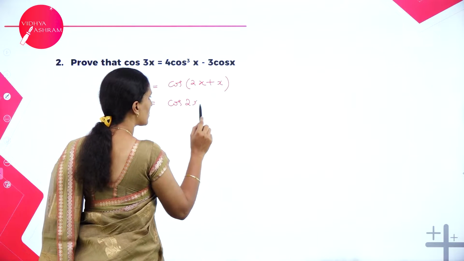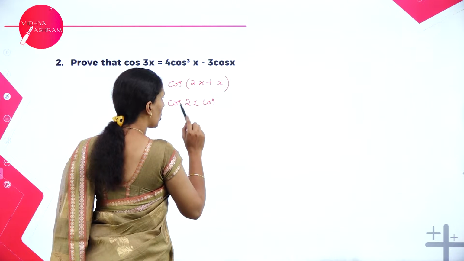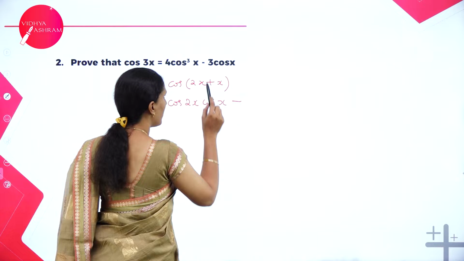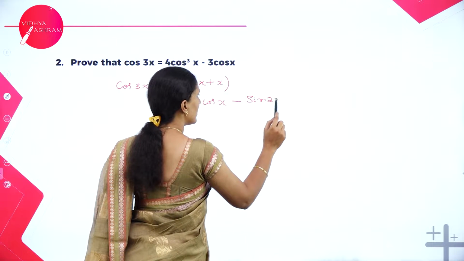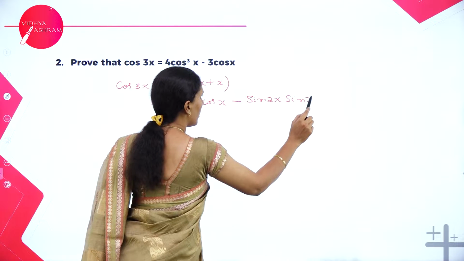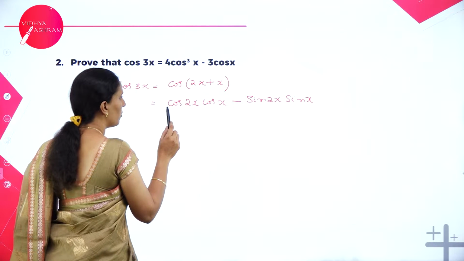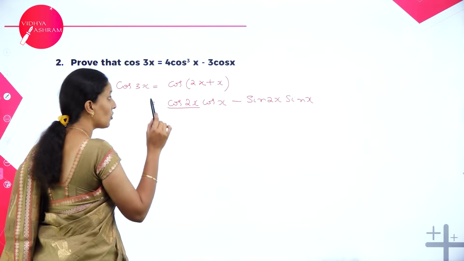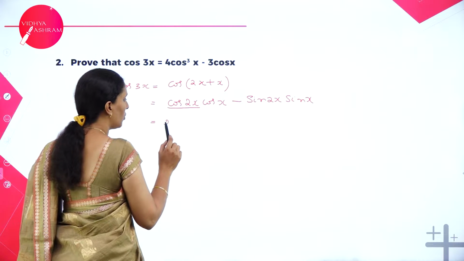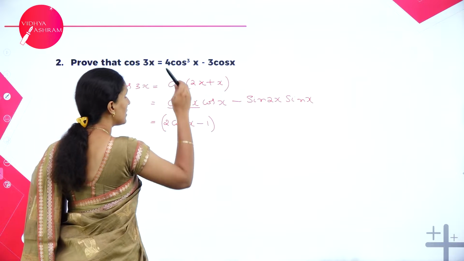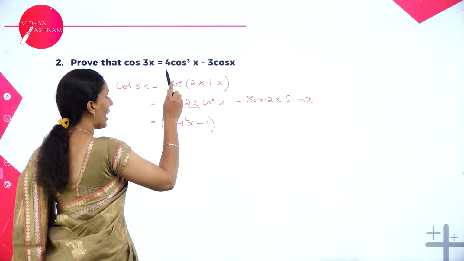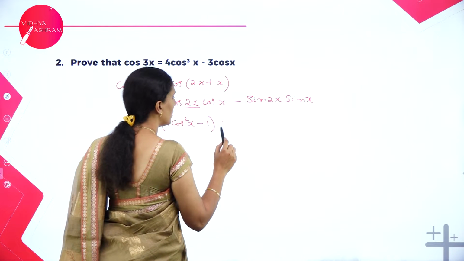So cos x cos y means here cos 2x cos x minus sin x sin y, that is sin 2x sin x. Now we know the multiple angle formula of cos 2x in terms of cos only, that is 2 cos square x minus 1, because in the right hand side we have the terms only in cos.